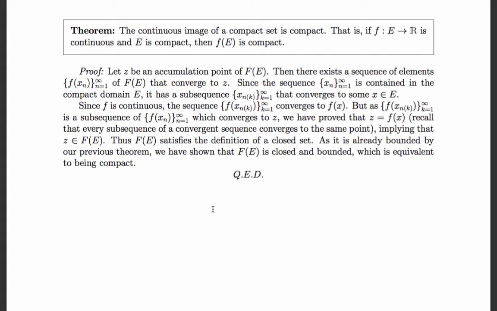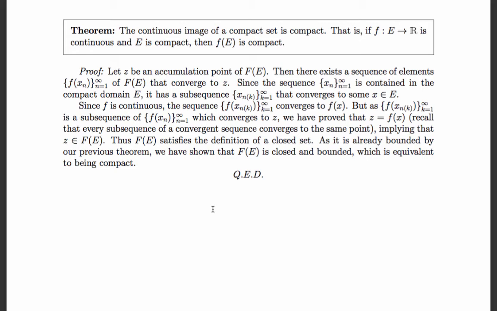Now, why am I starting there? Why take an accumulation point of f of E and dissect it? Well, remember what our goal is. Our goal is to show that f of E is compact. But we've given ourselves a head start. We know from the theorem we just proved that f of E is bounded. We know that compactness is equivalent to a set being closed and bounded.